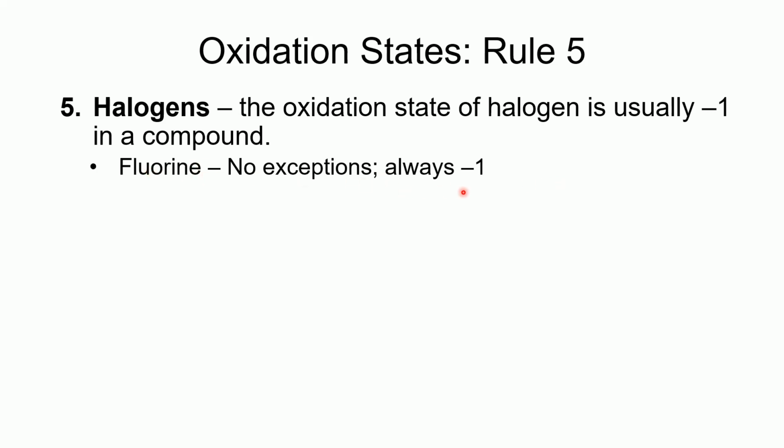For fluorine, there are no exceptions because the thing that determines oxidation state is going to be the electronegativity. Since fluorine is the meanest, baddest, most electronegative element on the whole periodic table, it always wins. It always has an oxidation state of -1, unless, of course, it's neutral, it's elemental fluorine. But if it's bonded to something, it's going to have an oxidation state of -1.